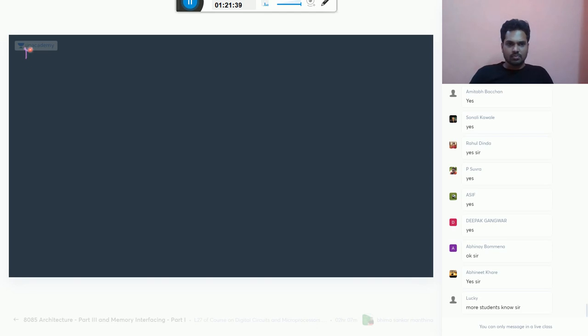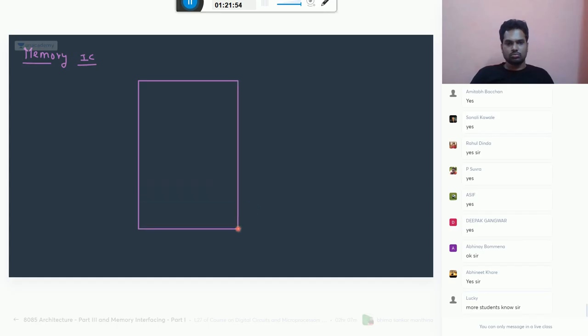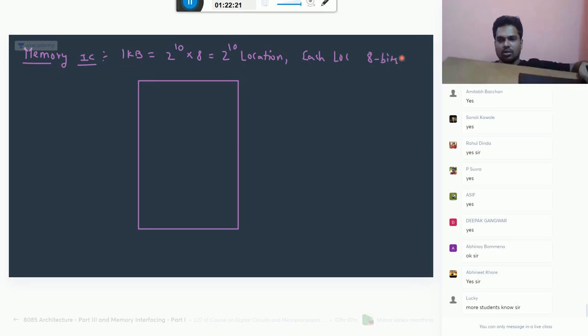So let's take one memory chip. Say it is having 1 KB. What is the meaning of 1 KB? 2 power 10 into 8. What does it mean? 2 power 10 locations, each location 8 bits. Is it clear?